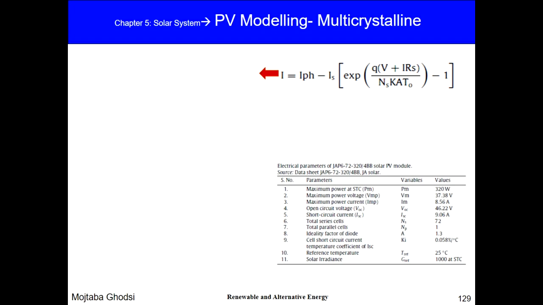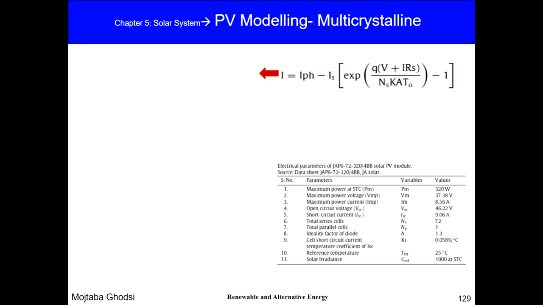As I explained in the previous slides, we have the relationship between I, the output current of the photovoltaic solar cell, and the voltage. However, there are some other constants that if we have them, we can complete the relationship between I and V. In this table, we can find some of these constant values.